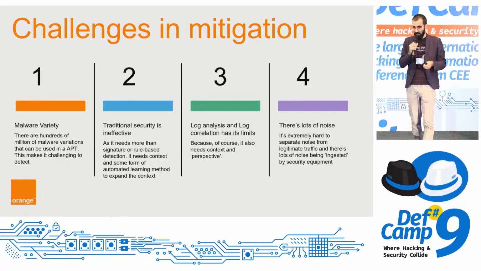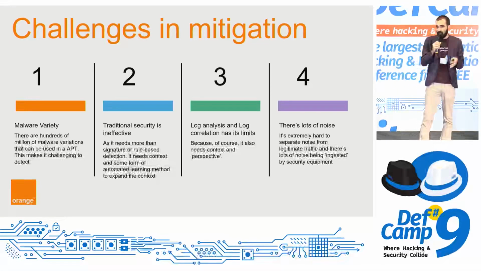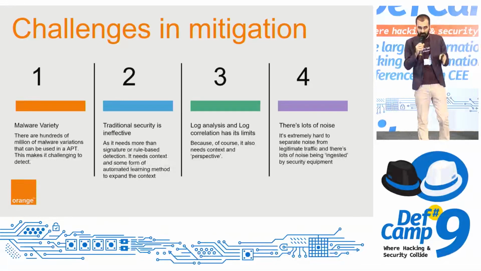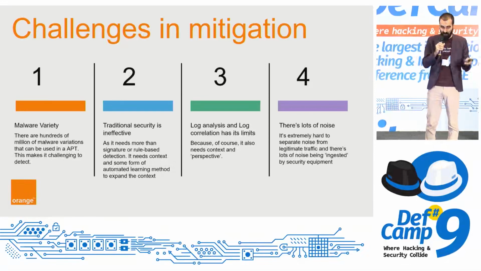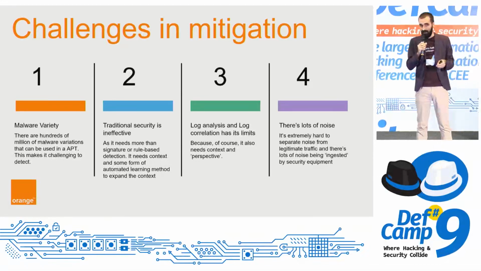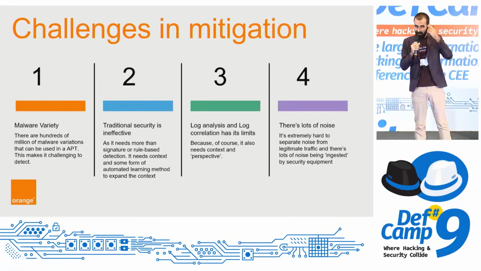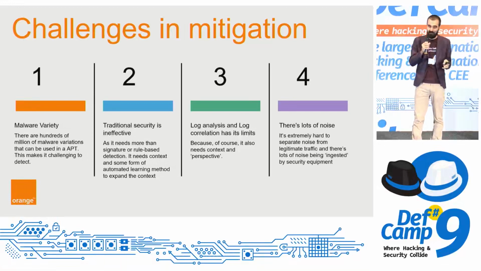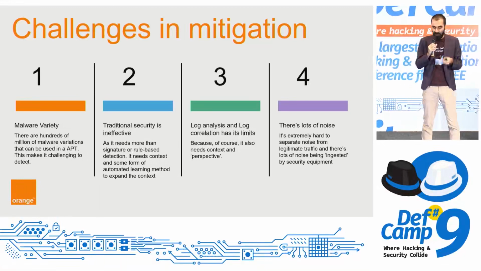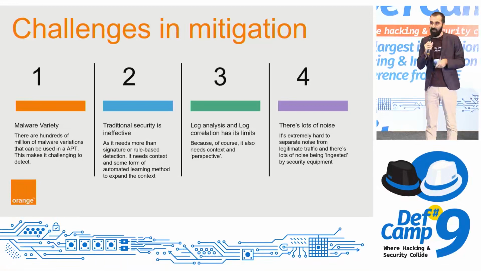You have your malware variety. There are literally hundreds of millions of malware species and malware variations that were actually let loose in the wild just back in 2017. That's hundreds of millions. You have traditional security that can be ineffective in these cases.